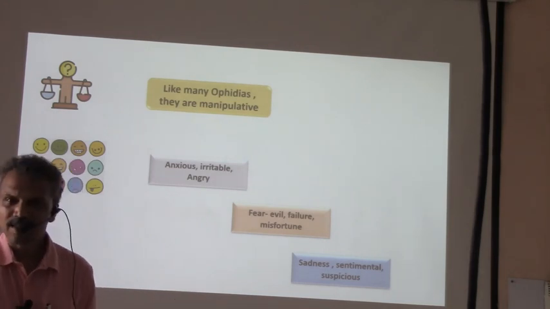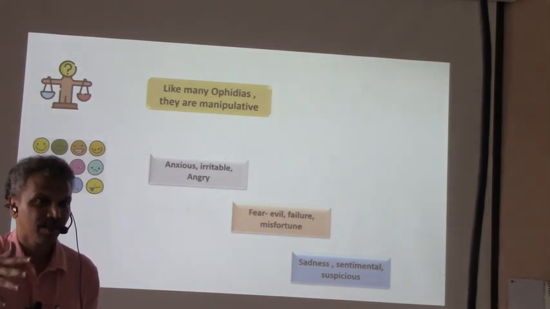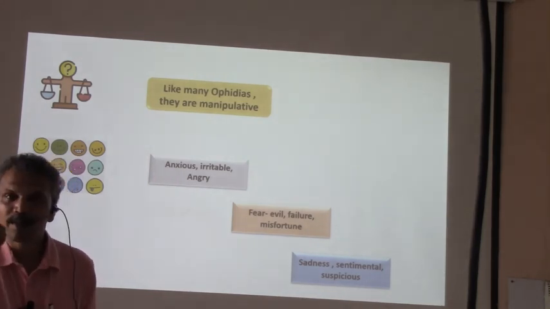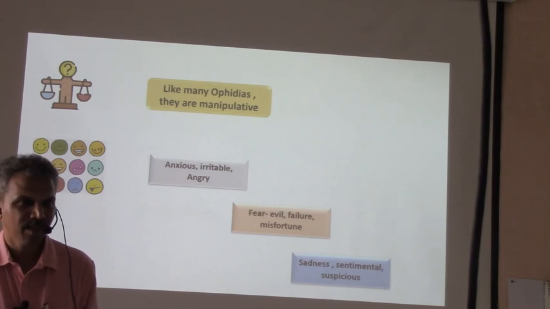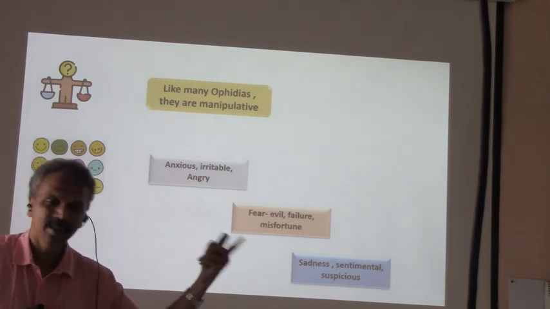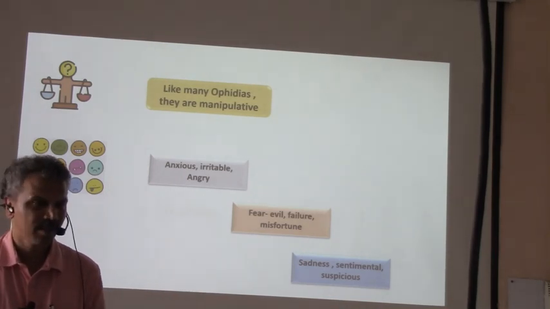But Crotalus is not as loquacious as Lachesis. He tries to talk, but he might fumble, he might stammer in between. He is not very confident when it comes to talking, the way Lachesis is. Lachesis can talk with ease.